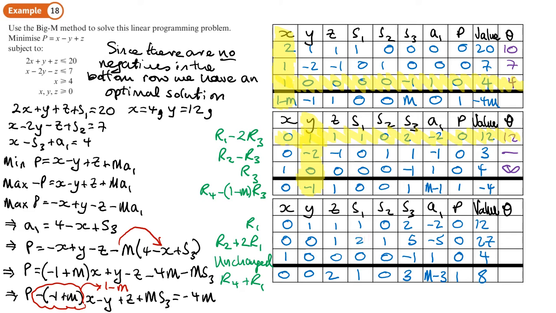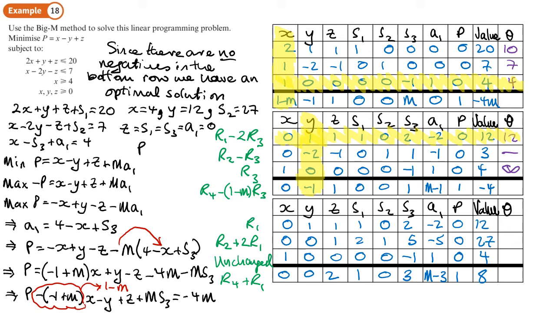S2 is 27. So we know that Z, as we said, S1, S3 and A1 are all 0, and the value we've got for P, if we read it off, is 8.